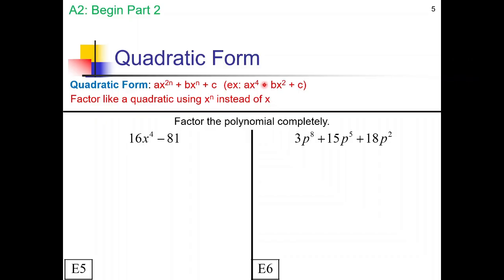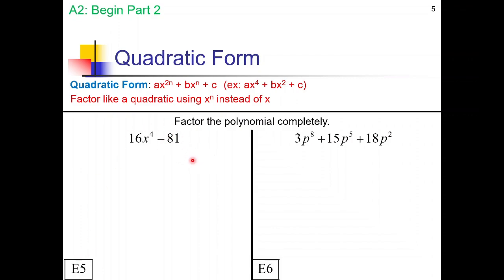So whatever you would do to factor this little expression here with x to the fourth, x squared and a constant, you could break this up into parentheses that had an x squared in each one instead of an x. Now keep in mind you still might need to go a little bit further after you do that, but that's the idea with these problems. So with that hint in mind, pause the video and see how far you can get on example 5.